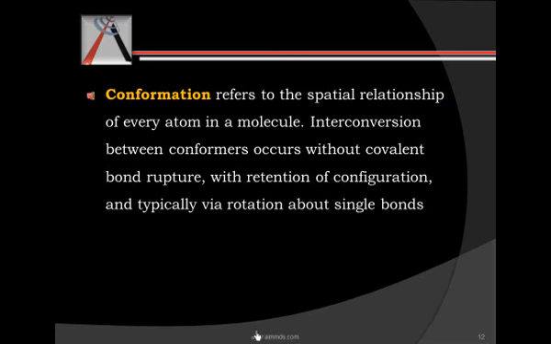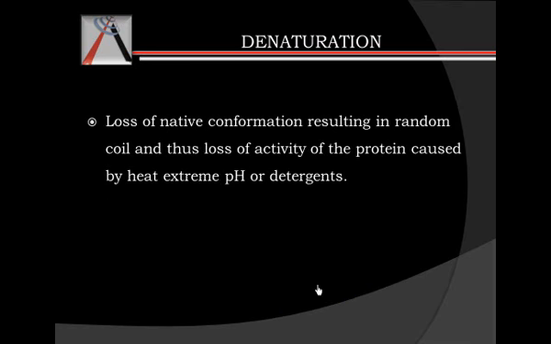So in denaturation, there is no change in the configuration, there is no breaking of any bonds, there is only loss of the conformation of the protein. And this conformation loss is because of the rotation along the single bonds, and that results in denaturation of the protein, causing loss of activity.